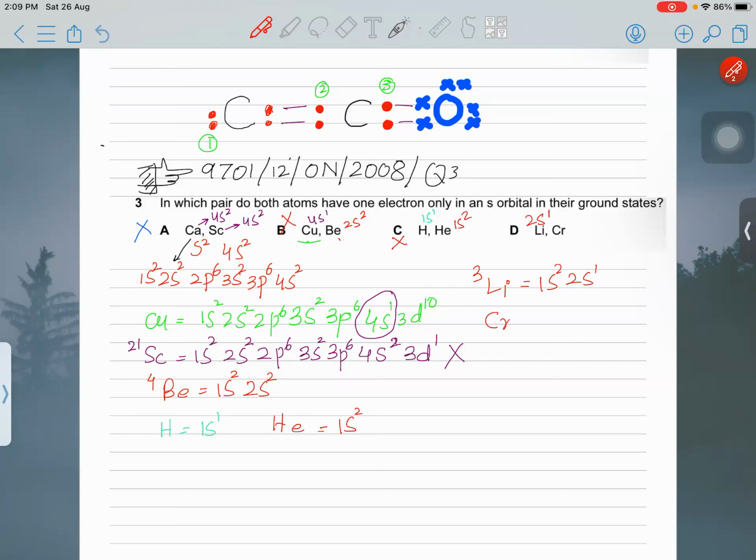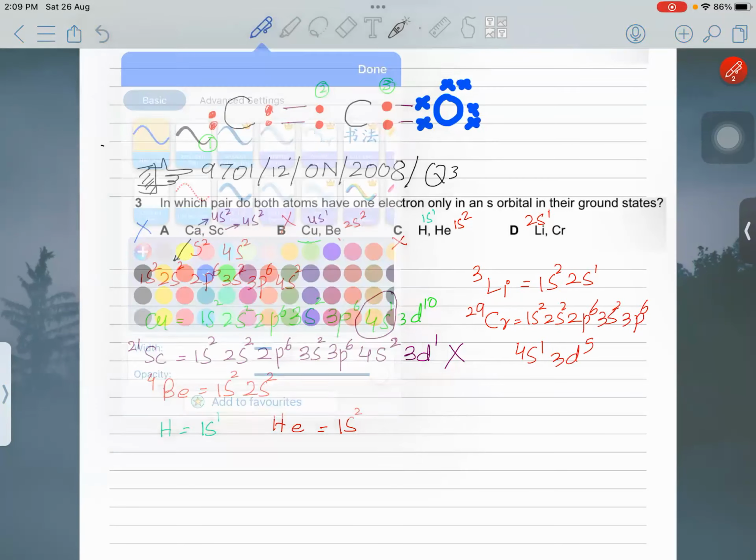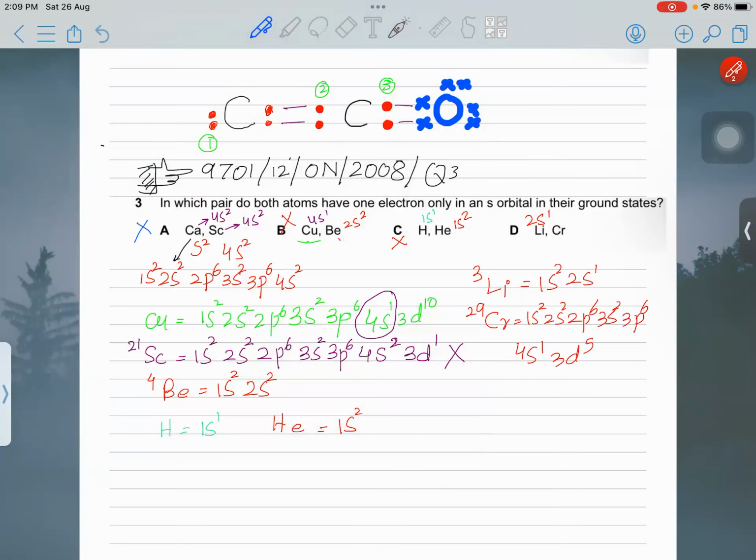Now chromium is 24. 1s2, 2s2, 2p6, 3s2, 3p6, 4s1, 3d5. So it has 4s1. So which one is correct? Option D is correct.